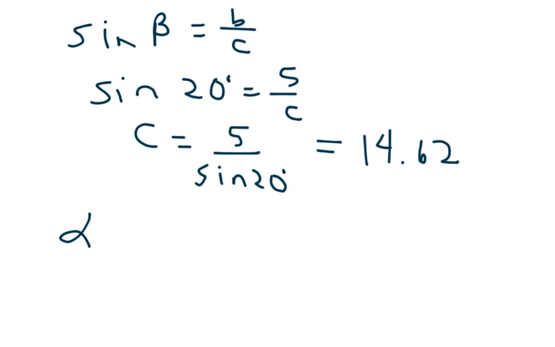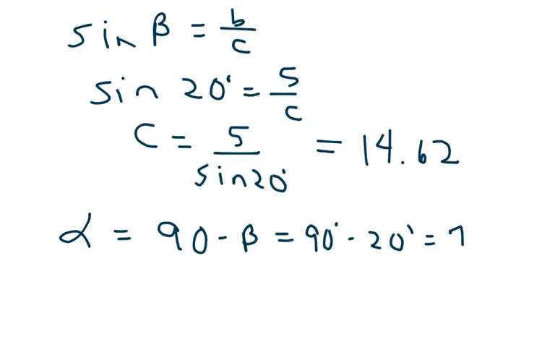And then to find alpha, since you know there's 180 degrees in a triangle, you could just take 90 minus beta, which equals 90 degrees minus 20 degrees, which equals 70 degrees. Okay, so you found all your sides.